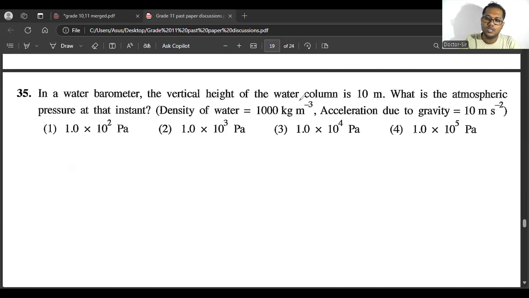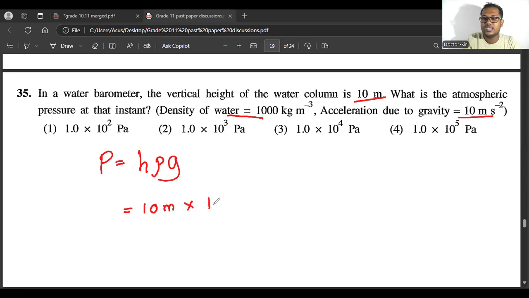So this is about the water column. They have given a 10 meter column and atmospheric pressure. They have given the density and the gravitational acceleration. We know the hydrostatic pressure can be calculated by h rho g. So h is 10 meters, rho is the density, 1000 kilograms per cubic meter, and the acceleration is 10 m s^-2.